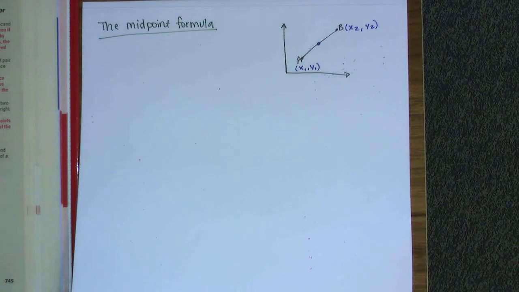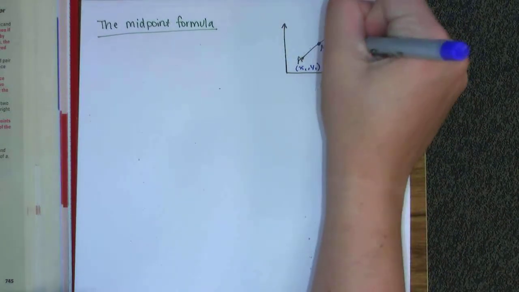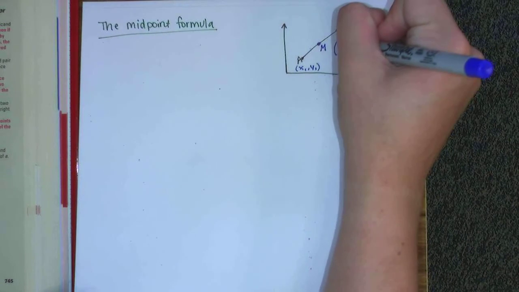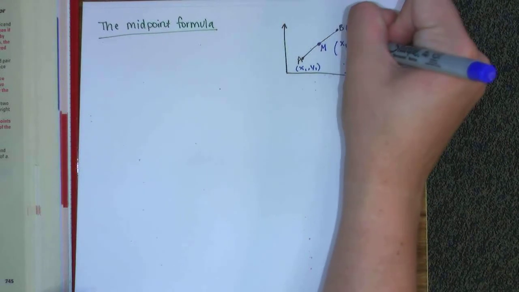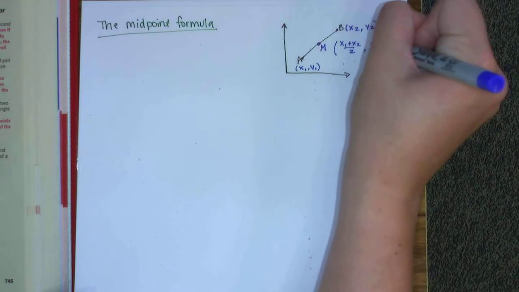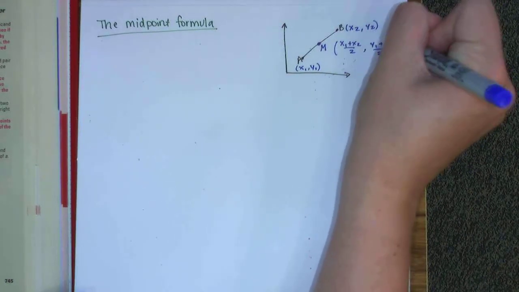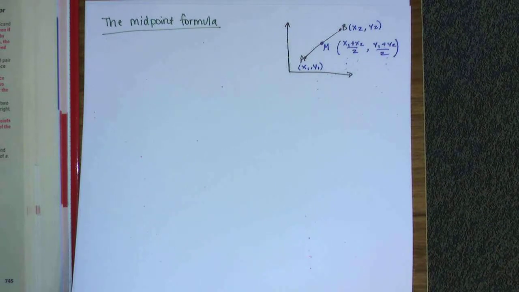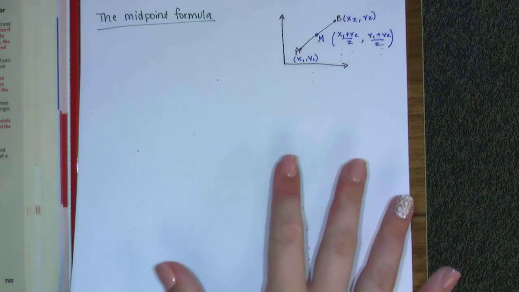They call it equidistant, but it's just halfway between the 2 points. So, the only thing here that we really have to do, or that we need to comment on, is that this midpoint then, which is what you're going to see in just a second when I write up the formula, is x1 plus x2 over 2, comma, y1 plus y2 over 2. Okay, and I'll comment more on that in just a second, but that's just so you have a rough picture of what that looks like.